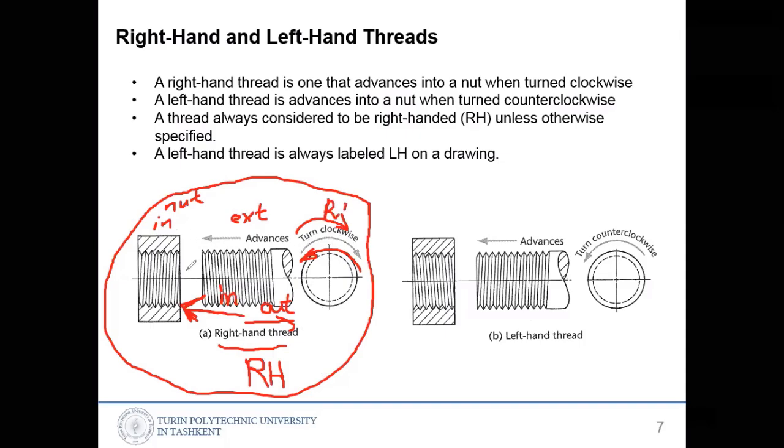So then that is a right hand thread. To screw in, if you rotate counterclockwise, that is called a left hand thread. You can see here the angle of the threading is different.